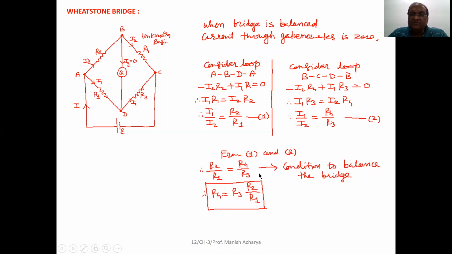So we can say this one is the condition to balance the bridge. If this condition is satisfied, definitely the bridge will be balanced and there will be no current through the galvanometer.